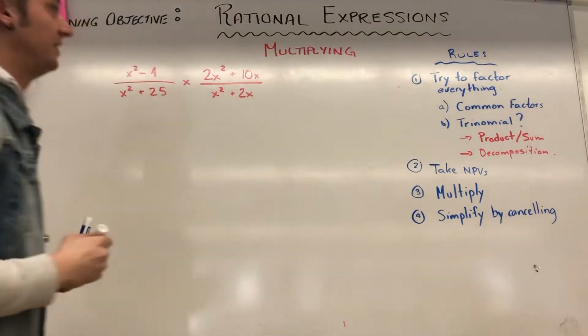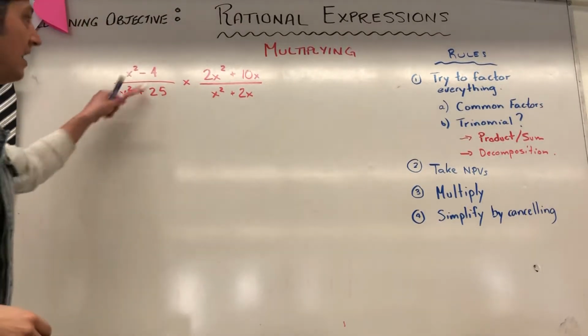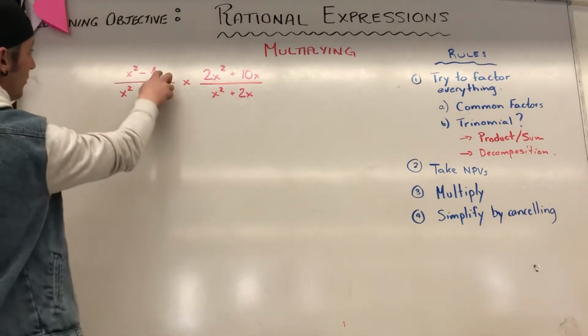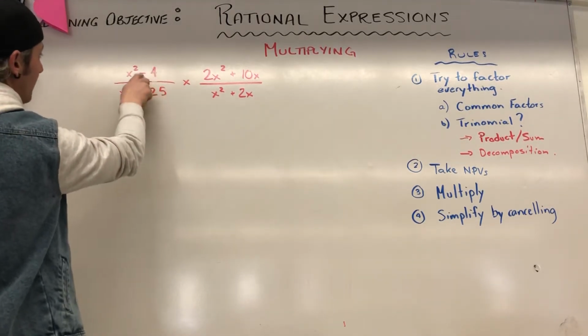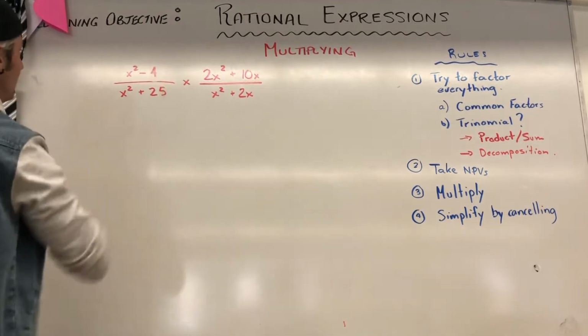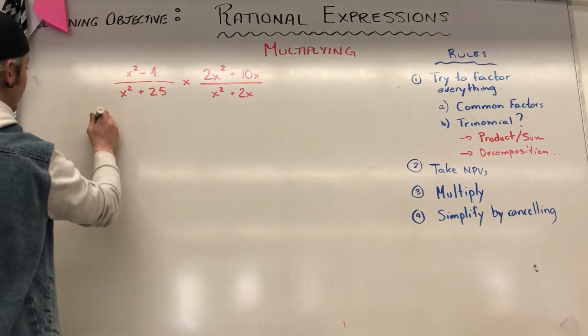Okay, so the first thing I'm going to do is try to factor everything. So I'm going to start with this guy here. I'll notice 4 is a perfect square and there's no middle x term. So that's kind of a hint that this is a difference of squares.